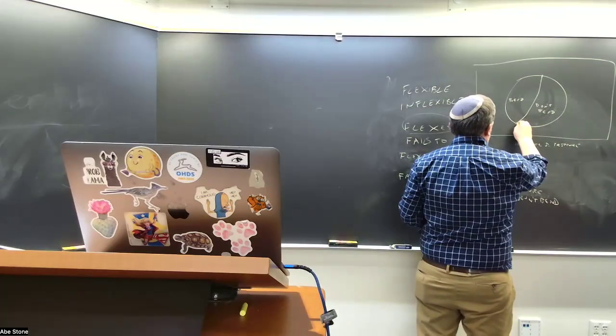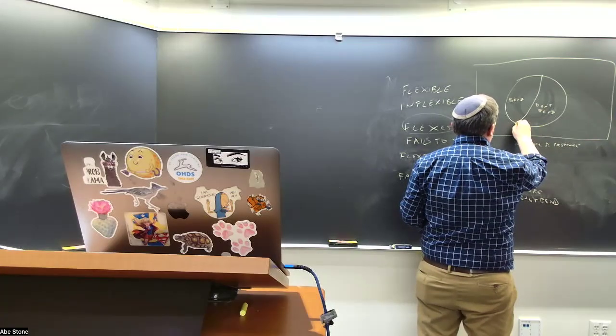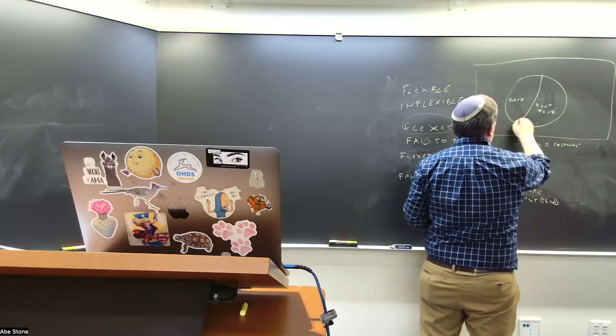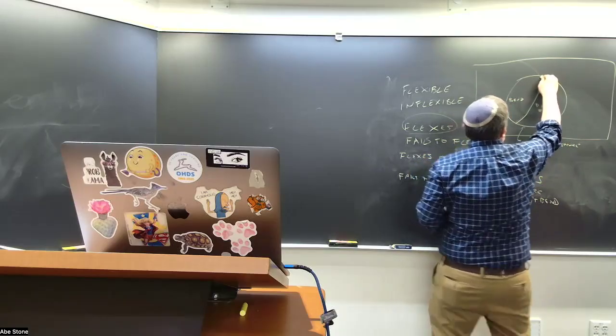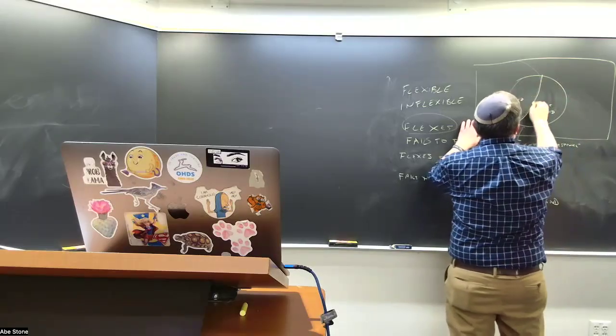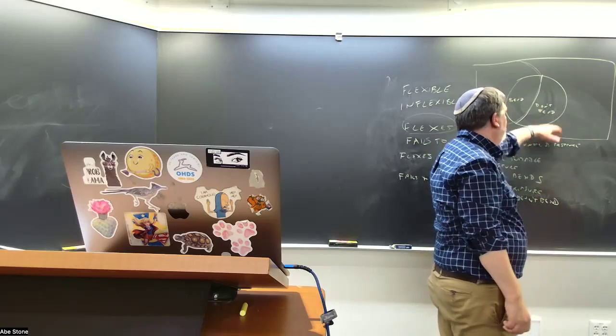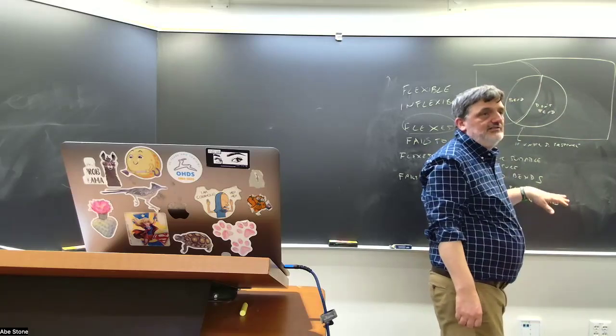So, there are things that are bending that are not under suitable pressure. And there are things that are not bending that are not under suitable pressure. So there's a way of extending the line between bend and don't bend outside of the circle.